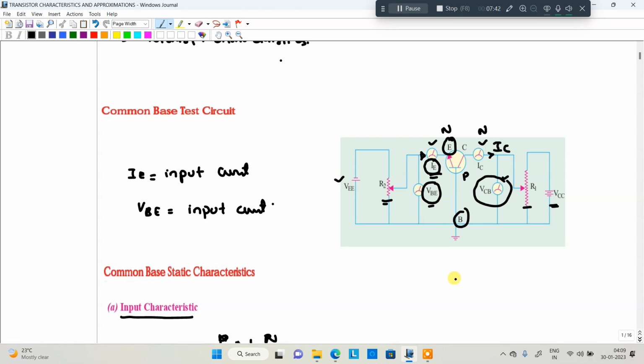That means I adjust the variable terminal, the potentiometer, varying the voltage to maintain IE constant. For example, IE maintained at 1 milliampere. Whenever IE is maintained at 1 milliampere, we can start from here. VCB increases step by step and we plot the current value.